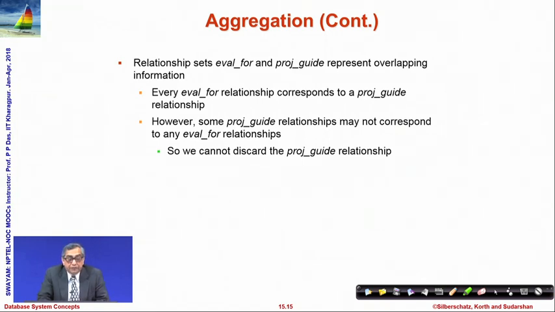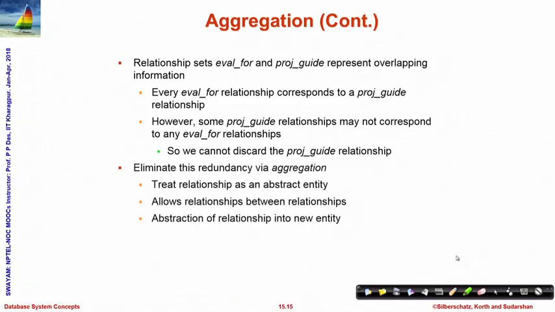So, if we represent the information only for the eval for relationship, we will get partial information, because it is possible that some entities in project guide do not feature in eval for, but need to be preserved, because I need to remember the project, instructor and the student. So, we need to keep both, duplicating the information.